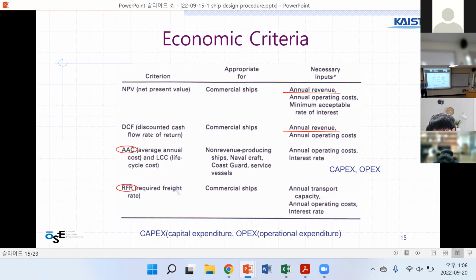So you invest, you buy a new ship by paying $500 million, and then start a container shipping business, similar to an airplane business. So you can earn money by carrying container boxes. Then you can calculate annual revenue, right?